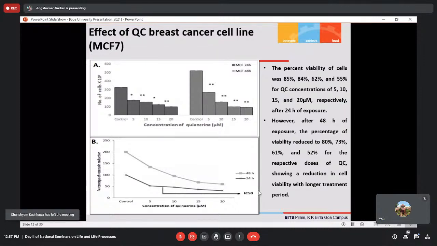What we did, we cultured MCF7, which is a breast cancer cell line, in the lab, and we exposed it to different concentrations of quinacrine, and you can see how the dose response curve shows the effect of quinacrine at 24 as well as 48 hours, and the reduction of the cell number.